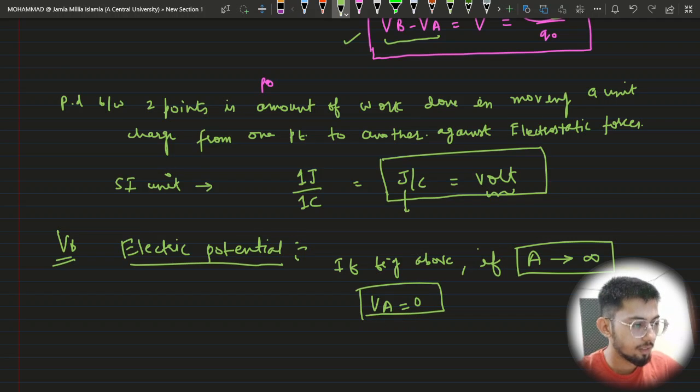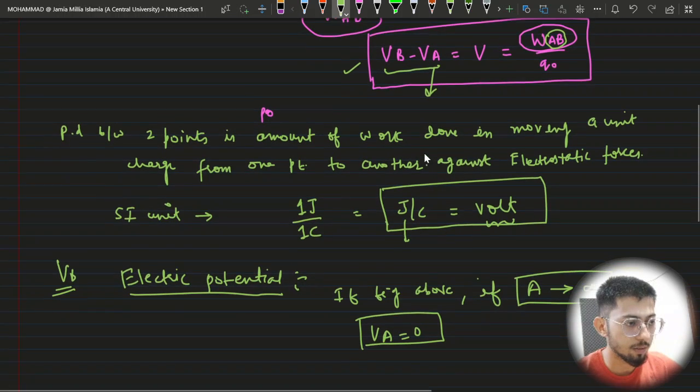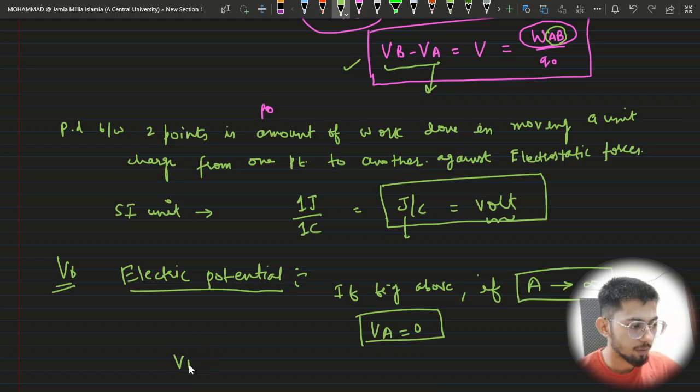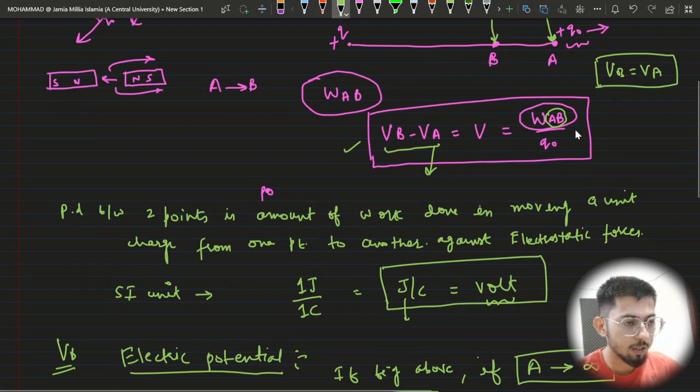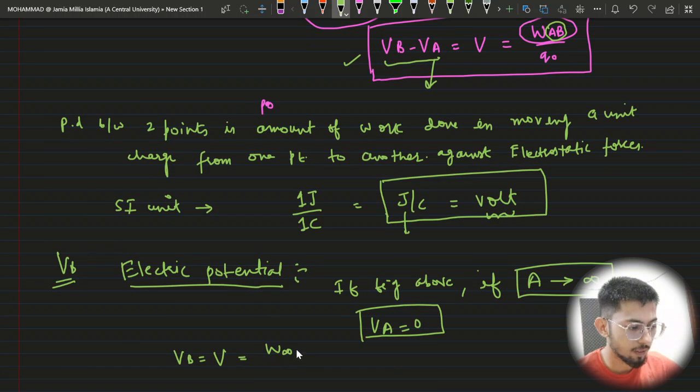Now if we put this as 0, what would V be? We will have VB only here, and V is equal to WAB divided by Q. But this is not WAB now, because we are not moving from A to B, we are moving from infinity to B. Or you can just say W infinity to B divided by Q naught.